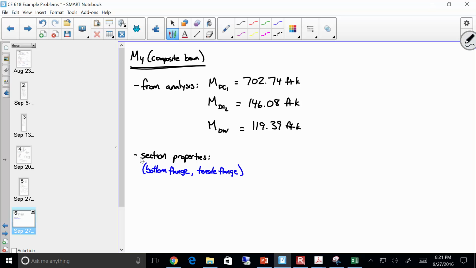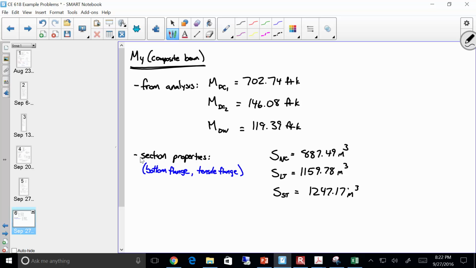We have a non-composite section modulus of 887.49, a long-term section modulus of 1159.78, and short-term 1247.17. So far, so good? So I've queried two chunks of data.